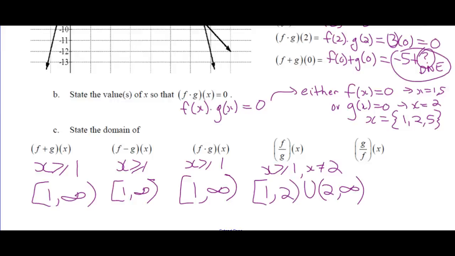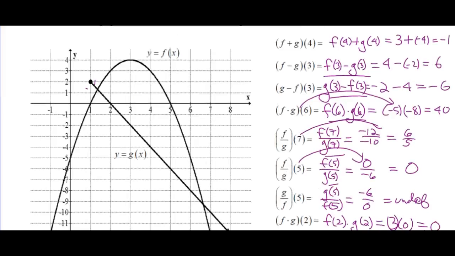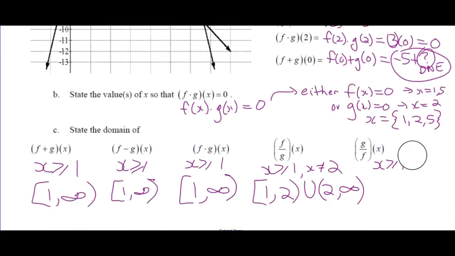G of f of x can't be 0, so what are we going to say? So x, first of all, x has to be greater than or equal to 1, right? Because that's the overarching restriction. But then when was f 0? 1, okay, so now it's just greater than 1. And where else? 5, okay. So now it's just x is greater than 1, and x cannot equal 5.